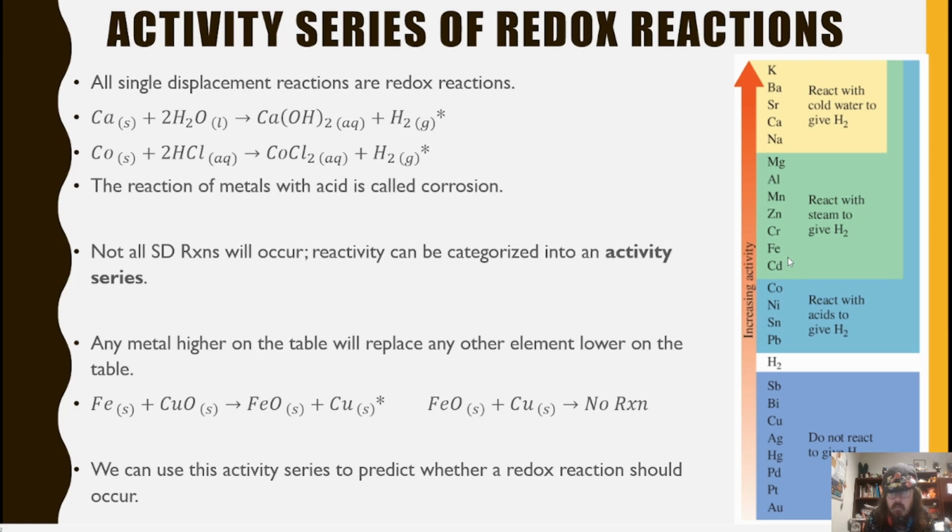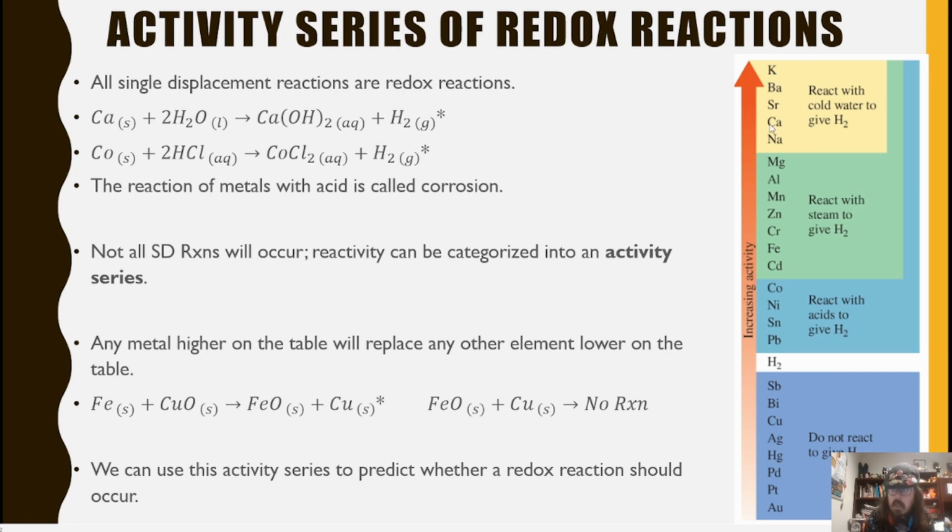So iron will react to replace copper. So if I mix copper oxide with iron, iron replaces copper. But if I try to do the reverse reaction, copper replaces iron, the answer is no, it will not go.